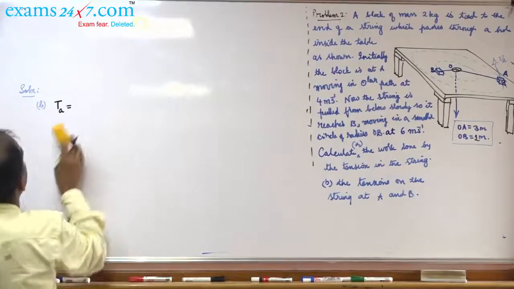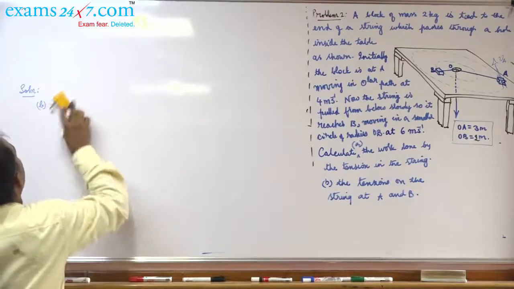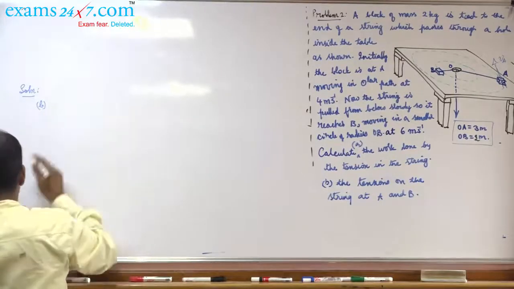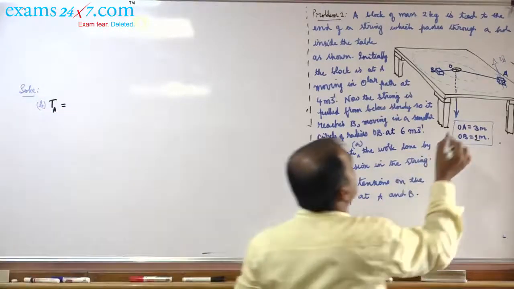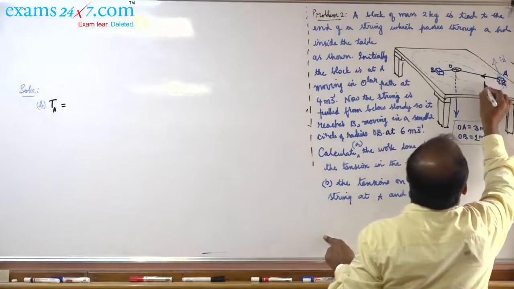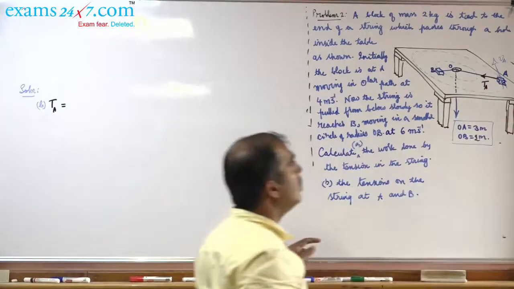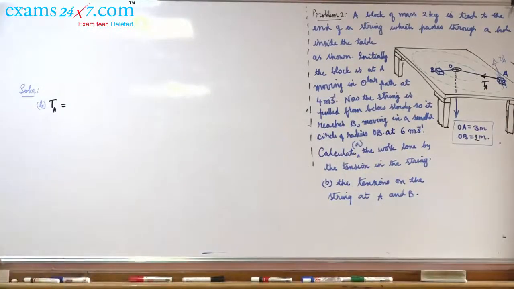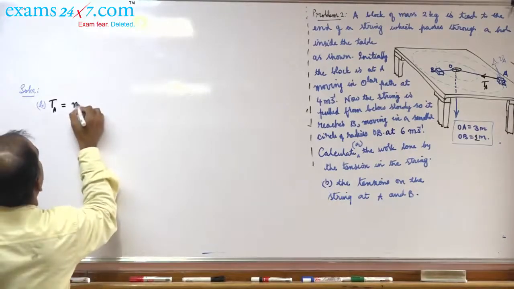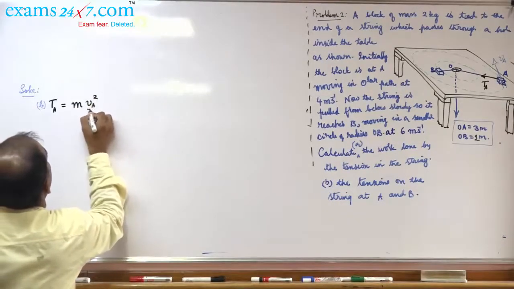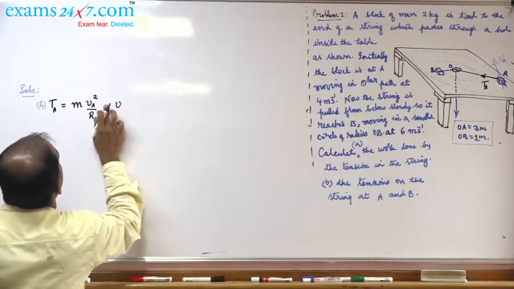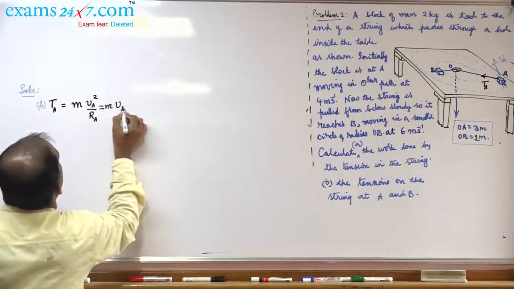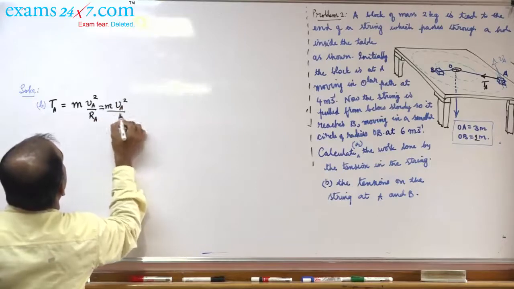Tension at capital A. TA is the only force. The tension at this point is the only force acting on it. Only unbalanced force, and that force equals mass times VA square divided by OA, which is centripetal force.